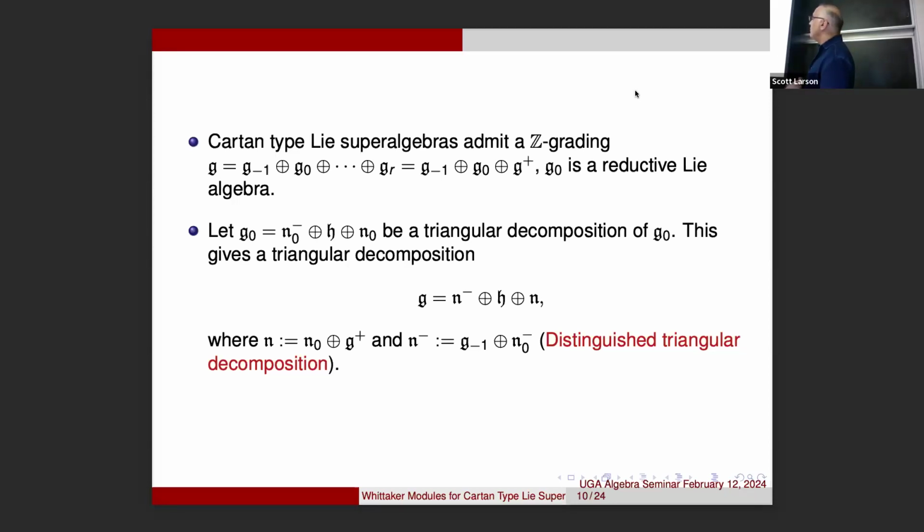And then n minus will be the -1 part plus the negative part of n in G0. This is called the distinguished triangular decomposition.